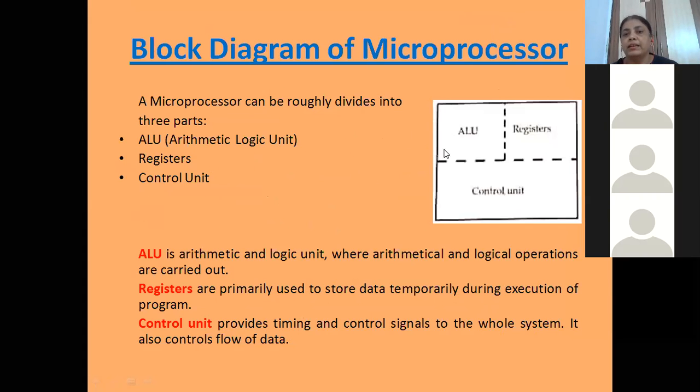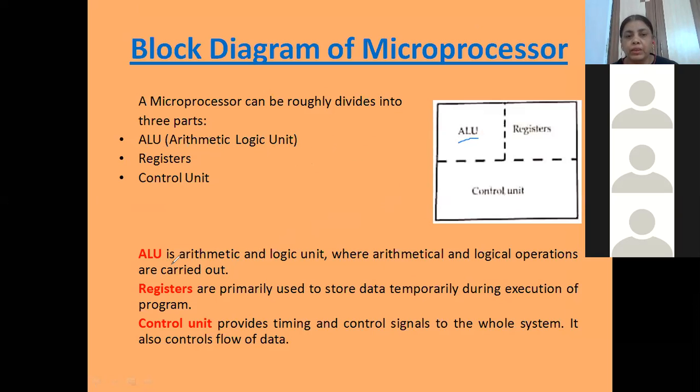Microprocessor basically consists of three main parts. What are those parts? ALU. You must have done this in your primary or secondary classes. ALU stands for arithmetic and logic unit. Okay, this is the main processing part of your microprocessor.